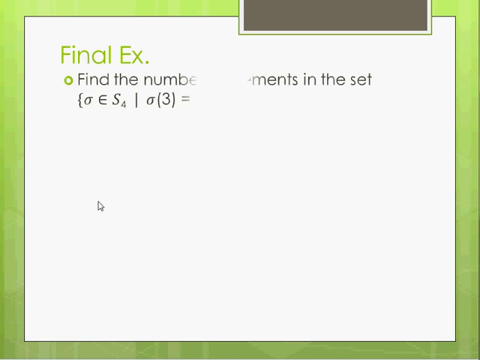Alright. And no proofs today. I don't think we had. Oh, we got one more example here. Find the number of elements in this set. Basically, sigma has to be in S4, which is the group of permutations with 4 elements. But one stipulation, that sigma of 3 equals 3. So what this looks like is this.